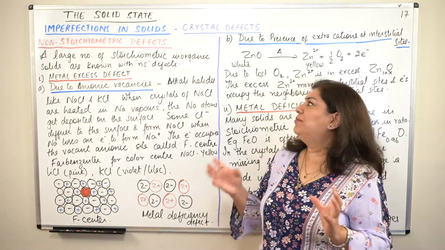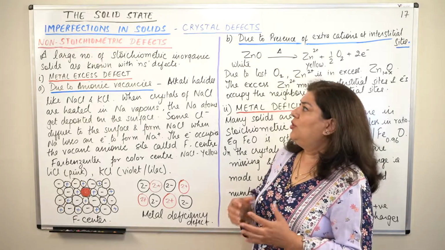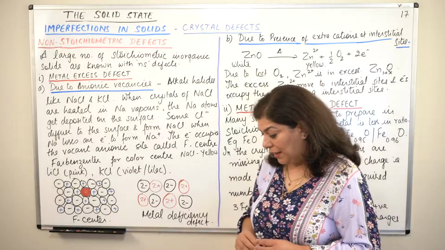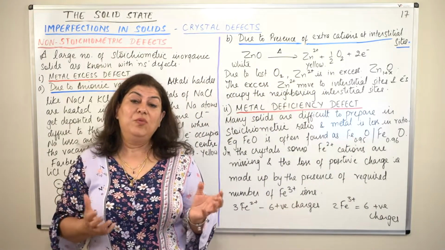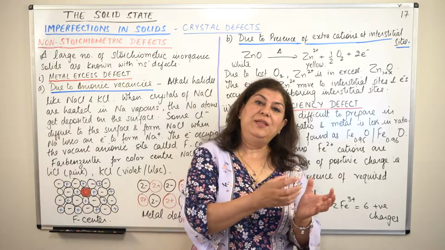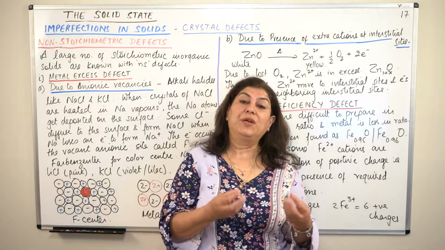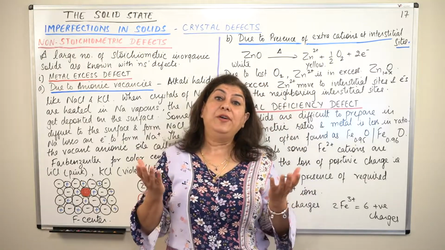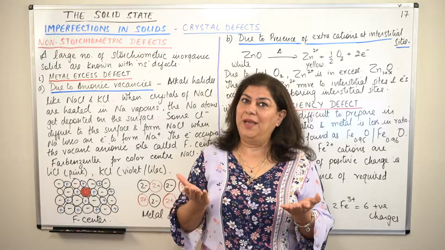A large number of stoichiometric inorganic solids are also known to have non-stoichiometric defects. They should be in the stoichiometric ratio, but they show a non-stoichiometric ratio of their components. That is, the cation and anion are not present in their stoichiometric ratio.